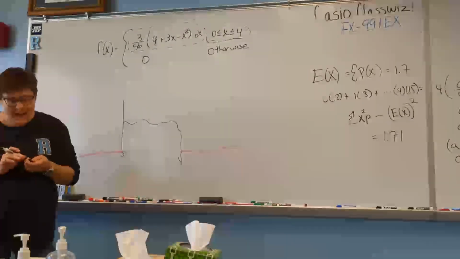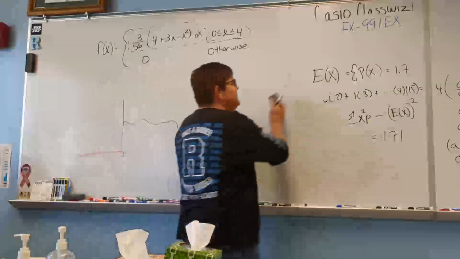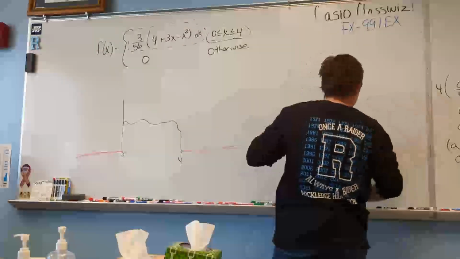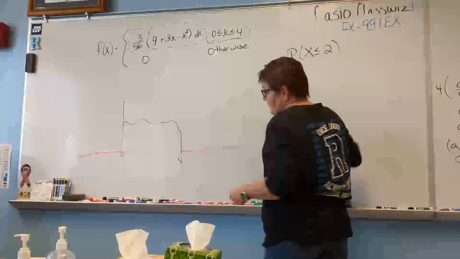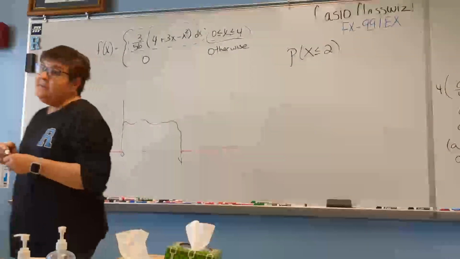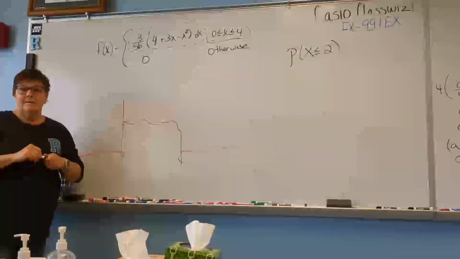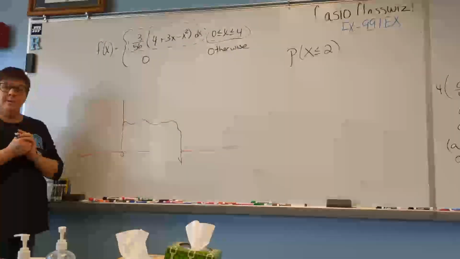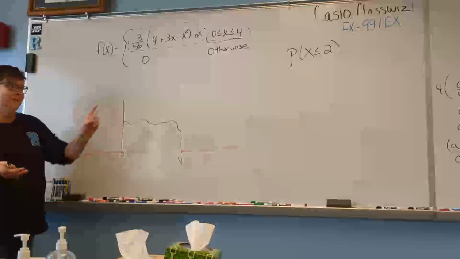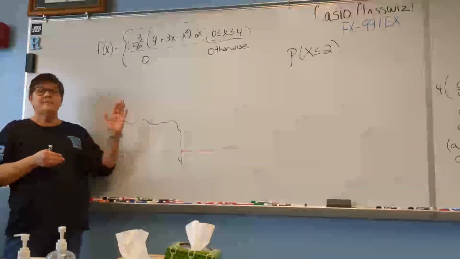So if I asked you, what is the probability when x is less than or equal to 2? Let's talk about what that means. This whole graph goes from 0 to 4, and I only care about how much is happening when x is less than 2.